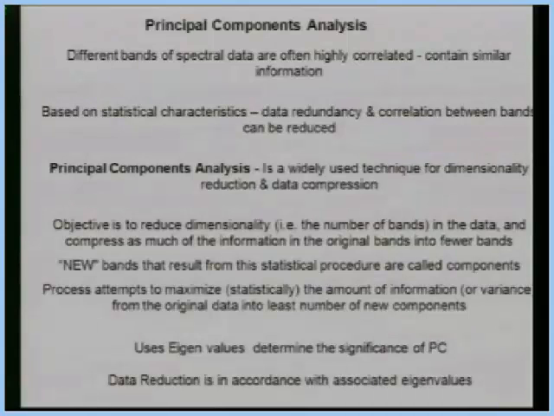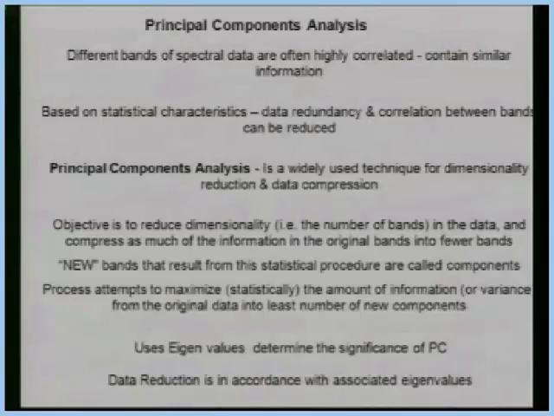People who have used TM data might have invariably used PCA, so that your 6-band data can be compressed to 3 or maybe 4 bands. These new bands, which are often called components, result from a statistical procedure. And here comes the criteria that were mentioned in the previous slide.